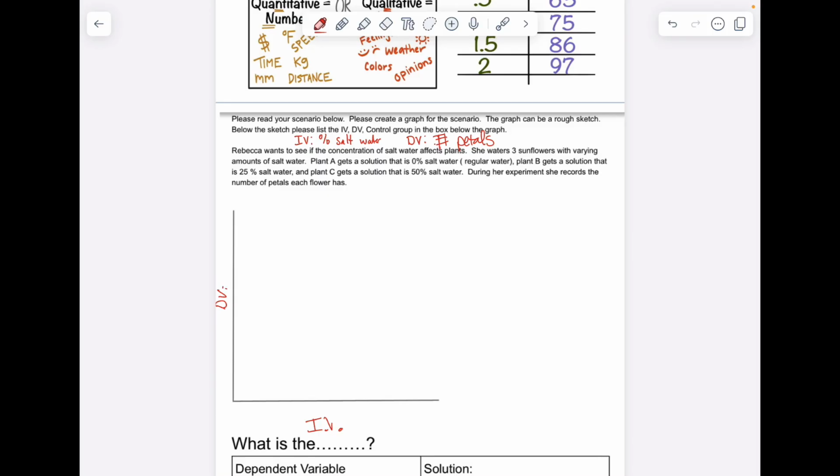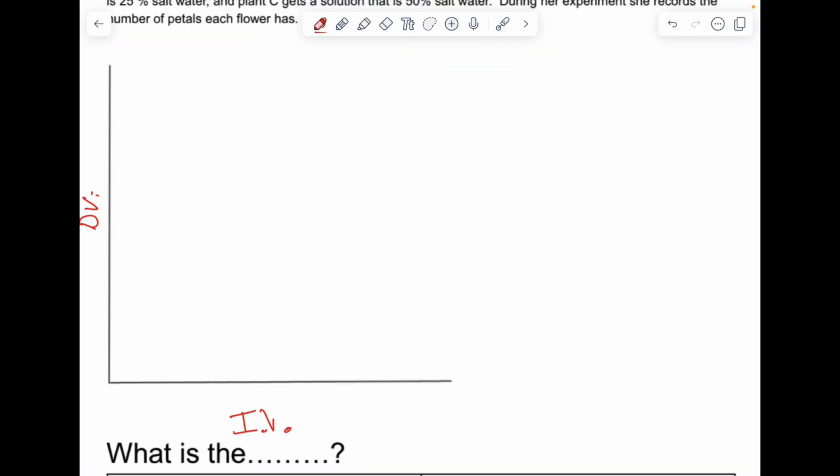And we need to make sure that we've got both of our axes labeled. So our dependent variable over here should be labeled number of petals, and then we would be labeling those numbers, making sure to go up by an even number. You can't go 1 and then 5 and then 8. We want to make sure that we're always going up evenly.